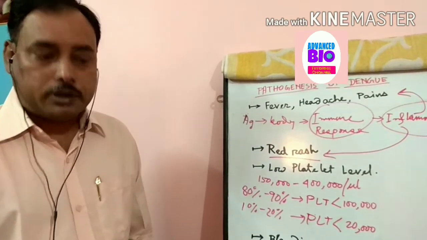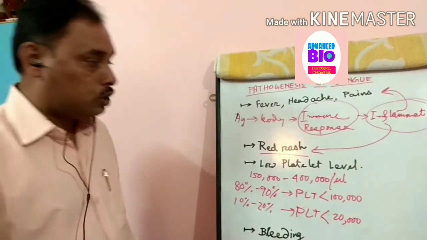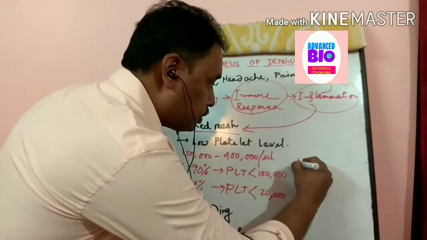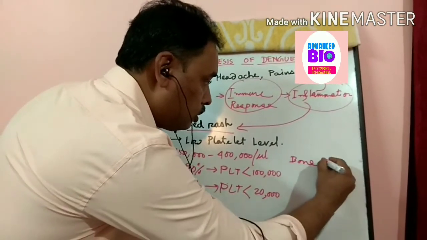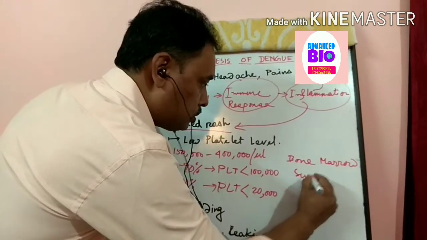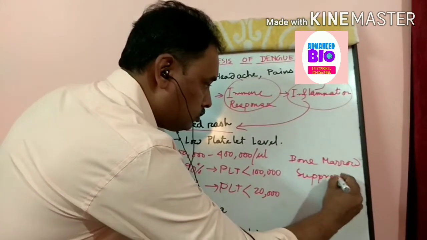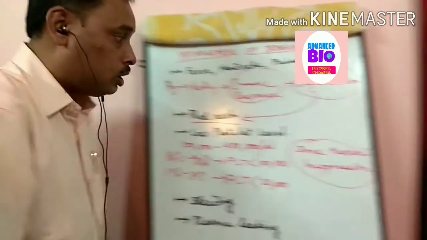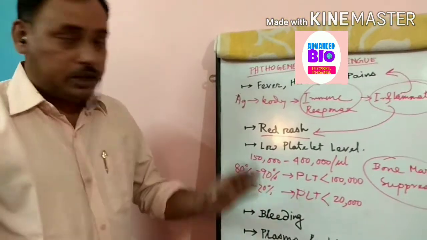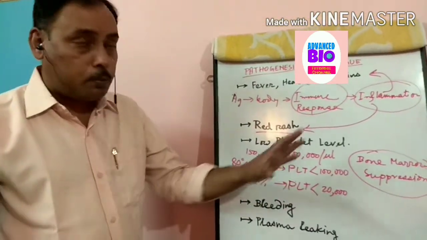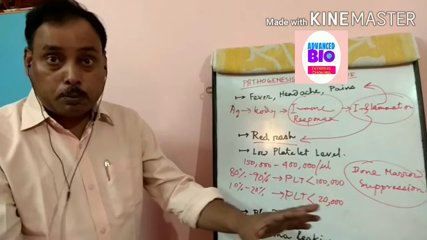What is the cause behind it? This is due to the bone marrow suppression. What is bone marrow suppression? The dengue virus is able to suppress the bone marrow within the bone.